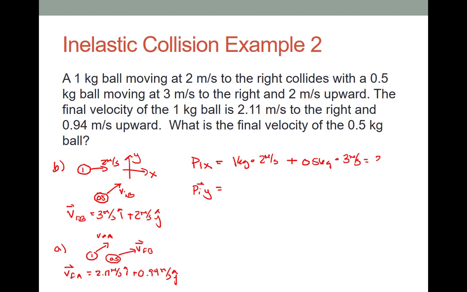That gives a total x momentum initially of 3.5 kilogram meters per second. In the y direction, the 1 kilogram ball is not moving. The 0.5 is moving at 2 meters per second, giving me an initial momentum in the y direction of 1 kilogram meter per second.